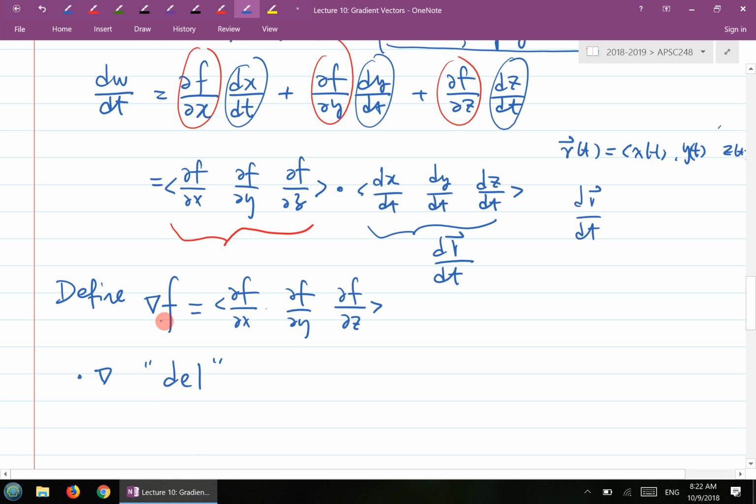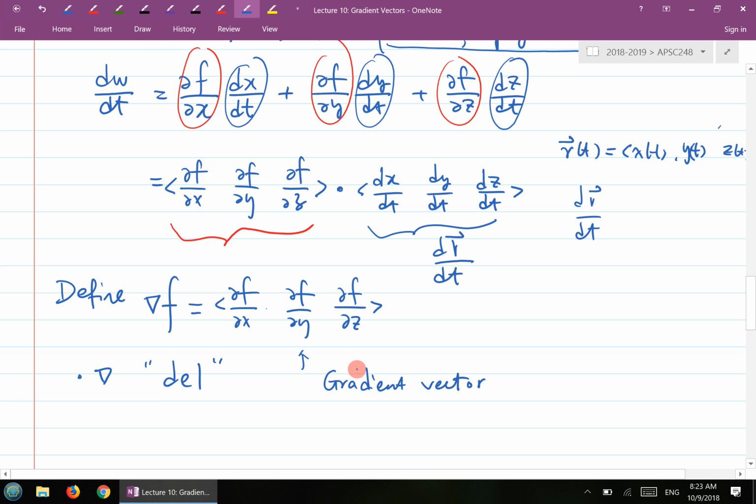So del f is defined as the vector which consists of its first order partial derivatives. Okay. And this vector here is basically what we call the gradient vector. When you draw a vector, you always draw it somewhere.